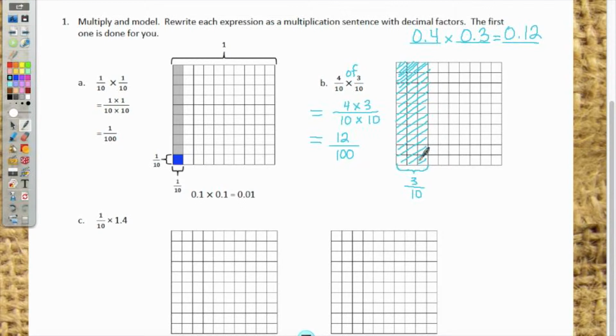And then I'm going to shade 4/10. So 4/10 will be on the side. And I'm going to shade the opposite direction on the 4/10.